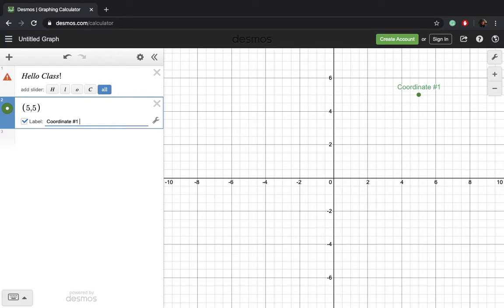Who can tell me the first step to graphing 7, 6? Maurice. Look for 7 on x. So my x-axis is up and down or left and right? Left and right.